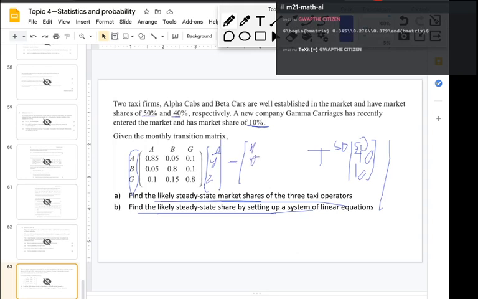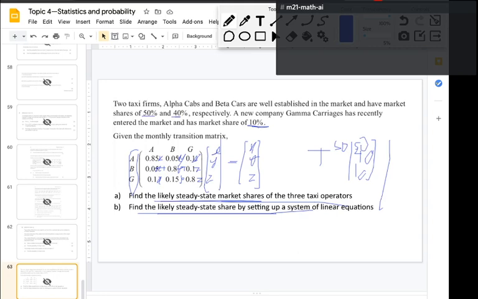If you learned about matrices before, you know that you can turn this into a system of linear equations. So 0.85x, 0.05x, 0.1x, and x, y, z are all added up. x plus 0.05y plus 0.1z equals, yeah, thank you. That is a lot better written than what I'm doing right now.